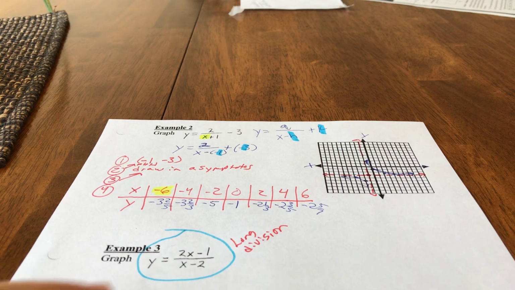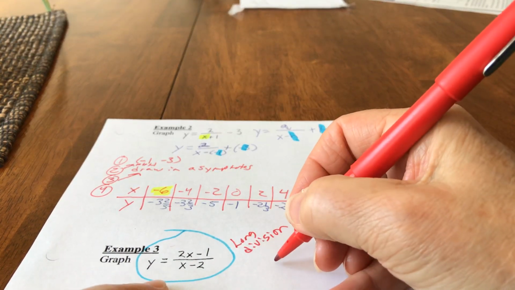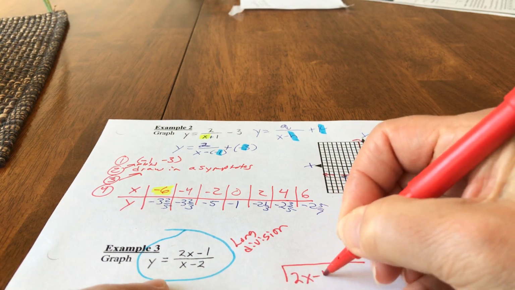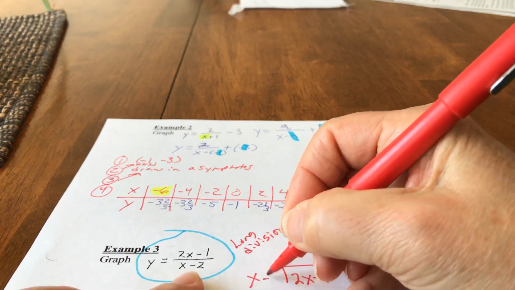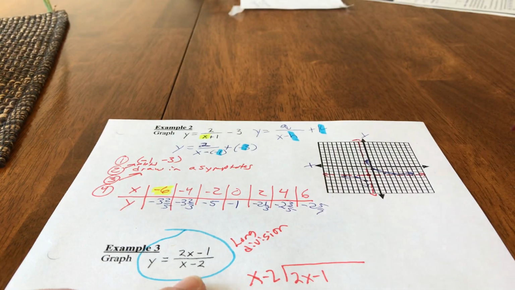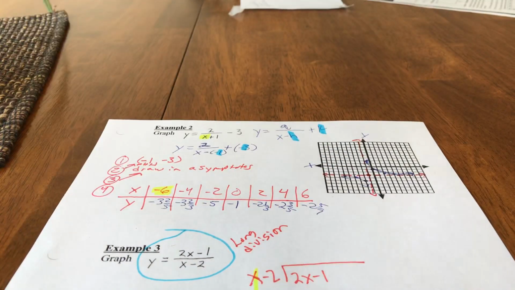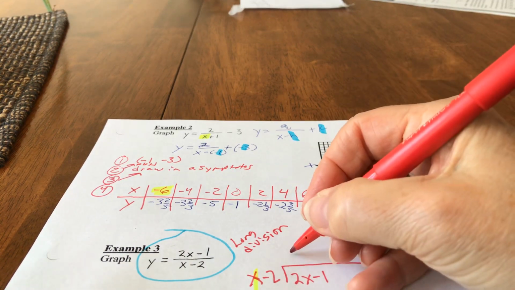Okay, so I have to do 2x minus 1 on the inside divided by x minus 2. I'm going to remind you that you're really asking yourself just x times what makes 2x, and that's 2.